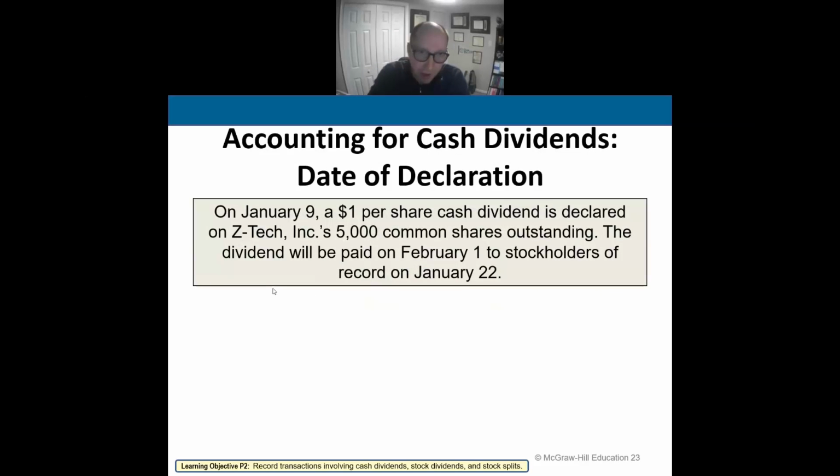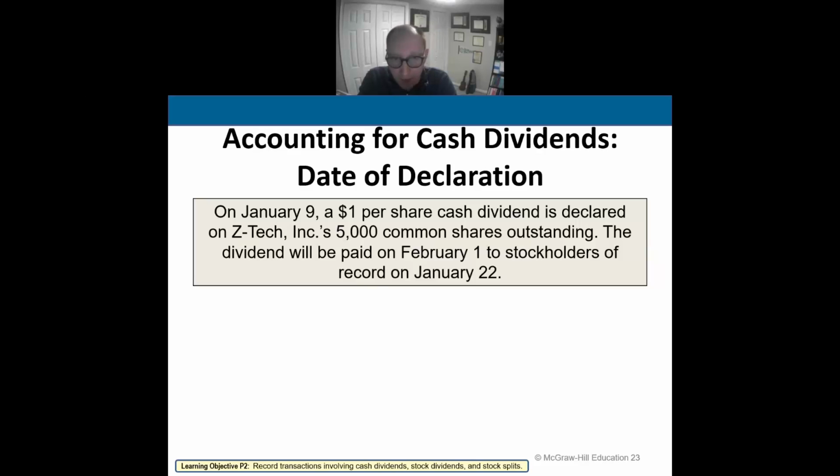So here's a nice example. We have a company that issues a $1 per share cash dividend. Nice. We have 5,000 common shares of stock outstanding. So it looks like I'm going to be paying 5,000 bucks.